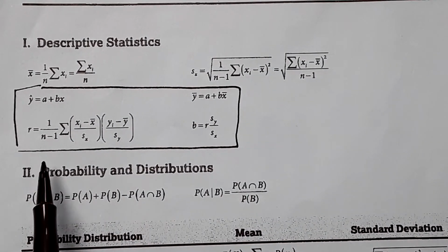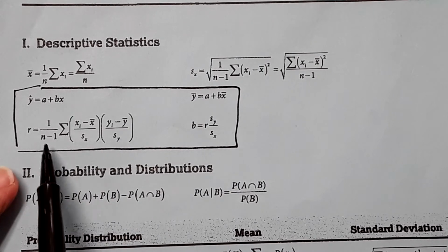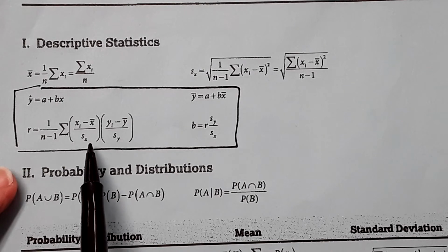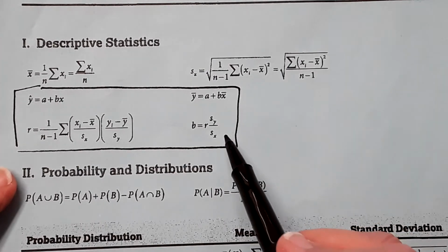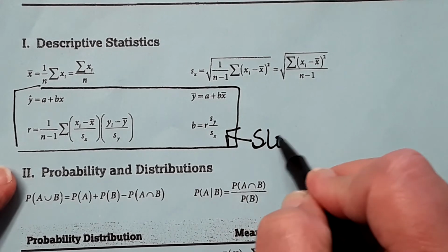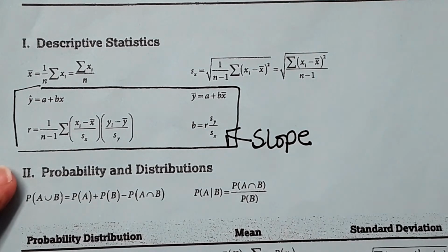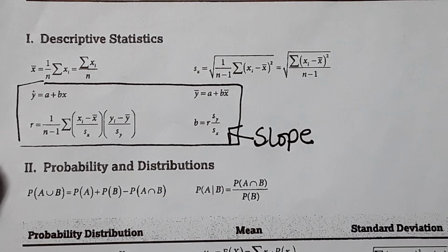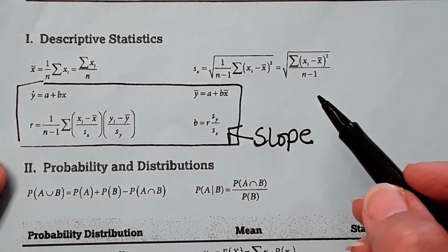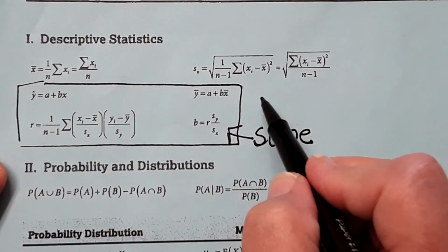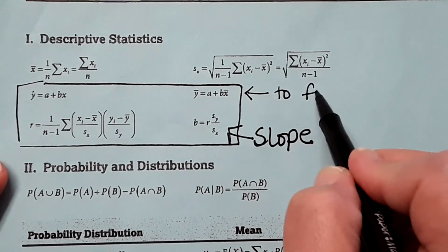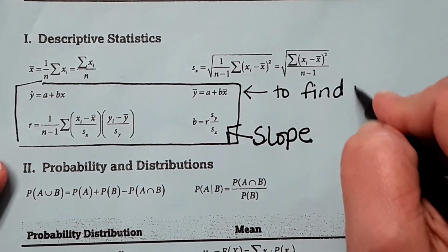You'll see R. So you can see this is your correlation. This right here is how you find slope. Use slope, and then you find A. So this is to find A, the y-intercept.